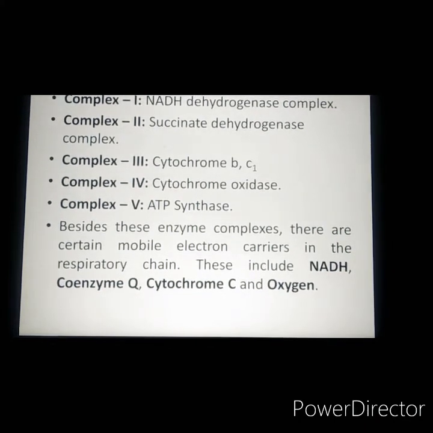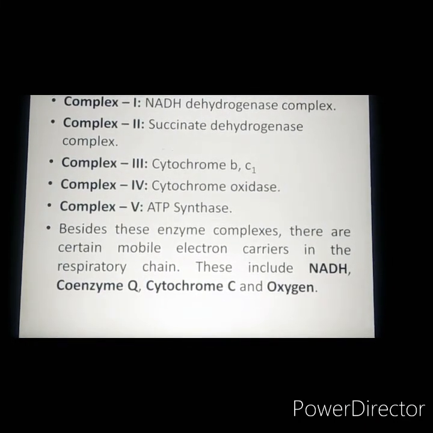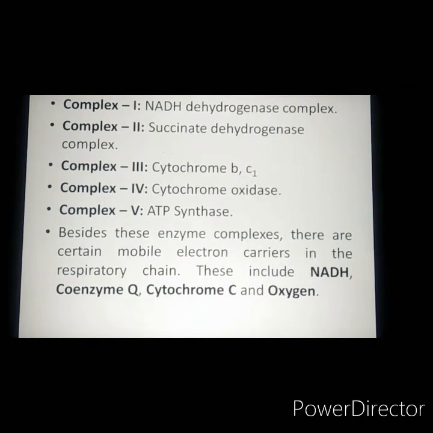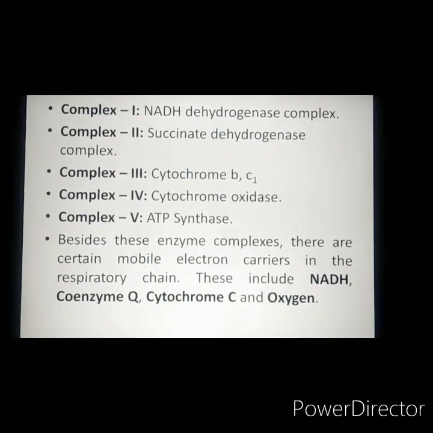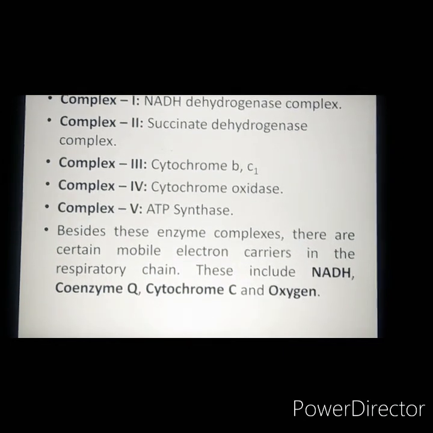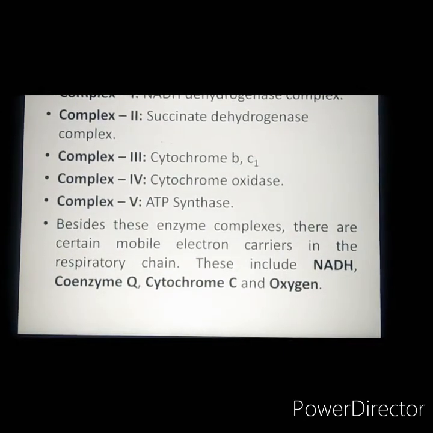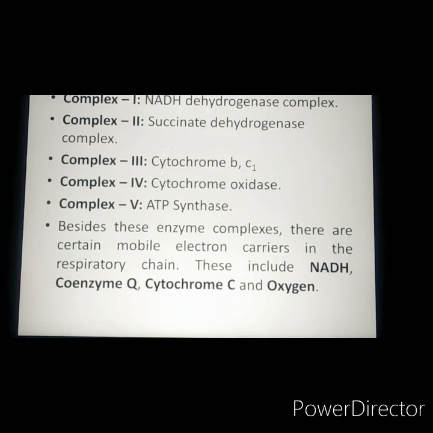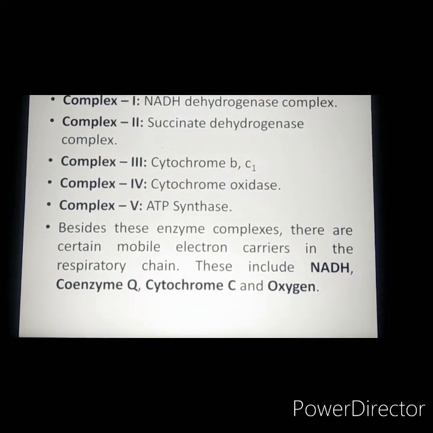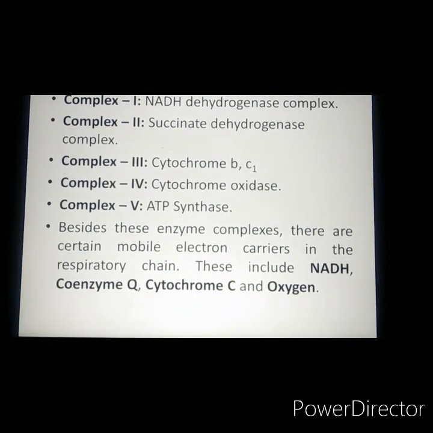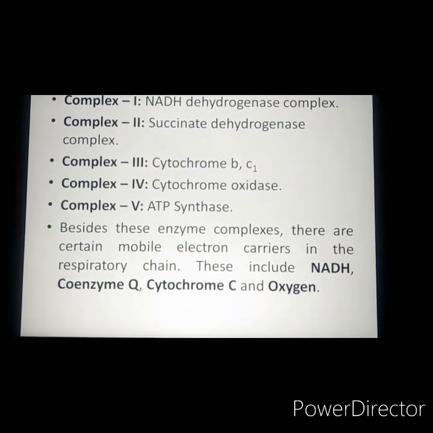So during the 3 steps before this, involved in the oxidation of glucose, NADH is being synthesized. This NADH is then oxidized to NAD+. The enzyme responsible for the oxidation of NADH to NAD+ is known as NADH dehydrogenase.